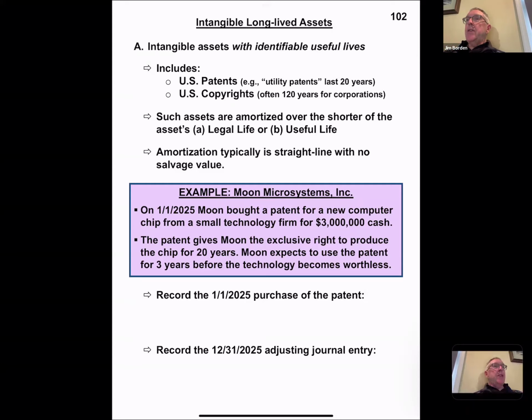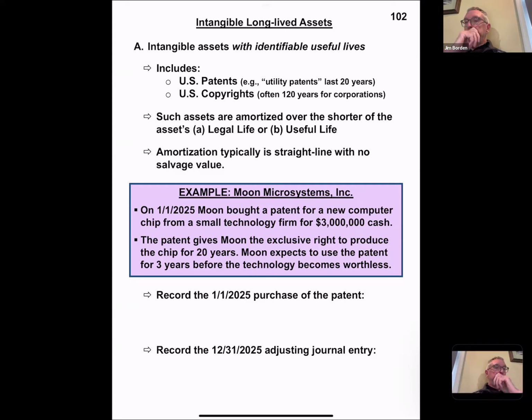And that advantage that you came up with for this unique product or way of doing something probably is not going to last a full 20 years. So in reality, might only last 3 years or 5 years. That's what we call the useful life of the patent. And so we would amortize these sort of assets over the shorter of either the legal or the useful life. And we keep this straightforward. We just amortize these types of assets using straight line and assume no salvage value.